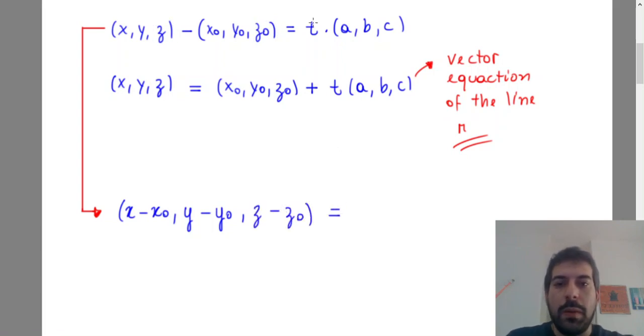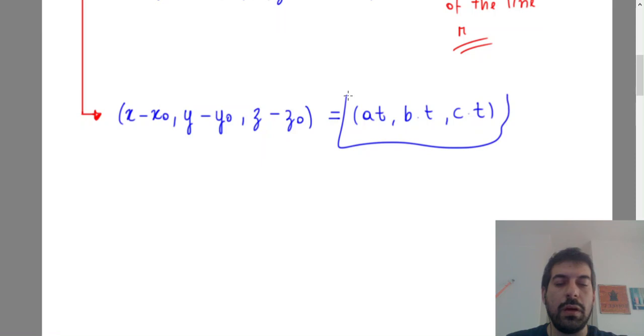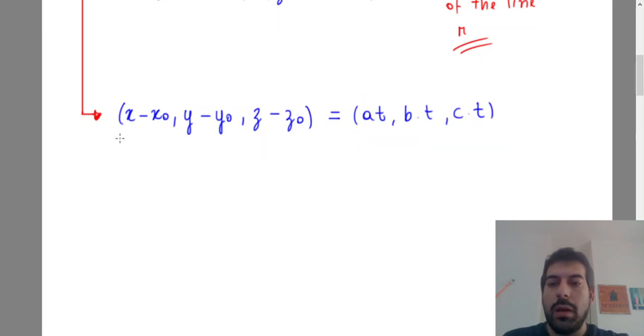And if I multiply a real number by a vector, I need to multiply coordinate by coordinate. So it will be at, bt, and ct. Now we have that those vectors, or those points, if you want to consider it a point or a vector, it does not matter, they are equal.